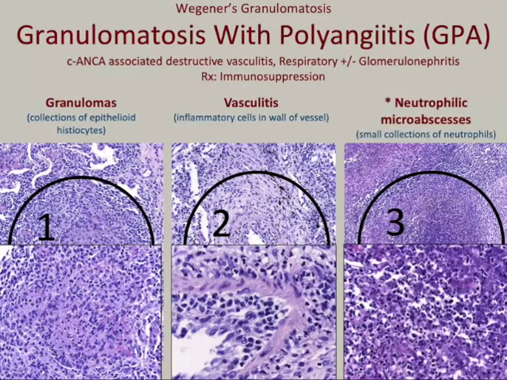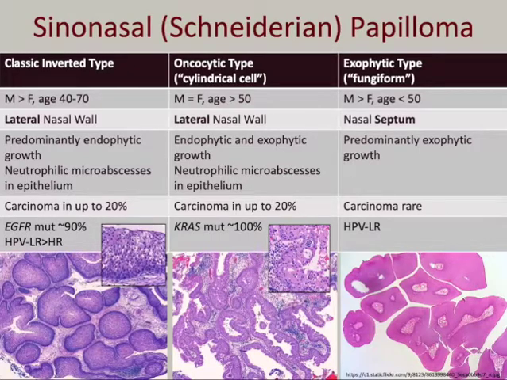Moving into the sinonasal, formerly known as Schneiderian papillomas. Names change, right? Names are changing every time the WHO book comes out, especially in the head and neck. So formerly Schneiderian, formerly inverted papilloma, now it is just sinonasal papilloma, inverted type, oncocytic type, exophytic type.